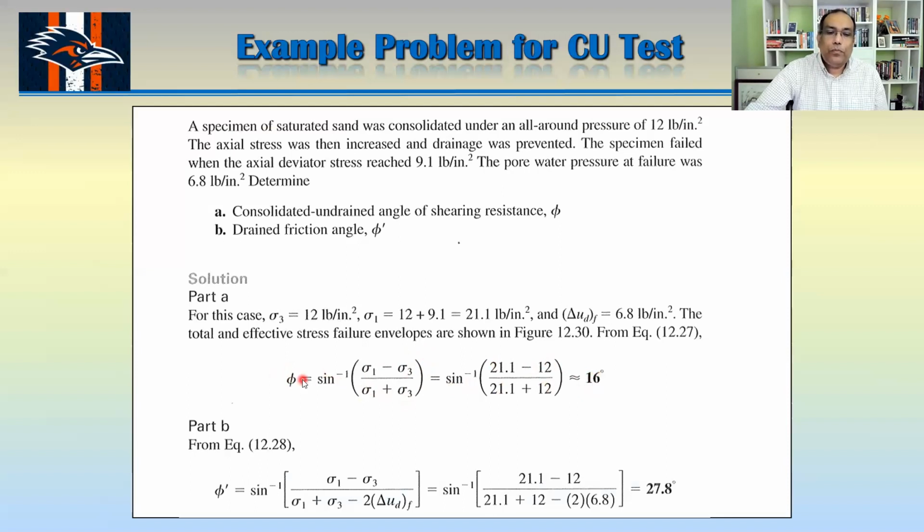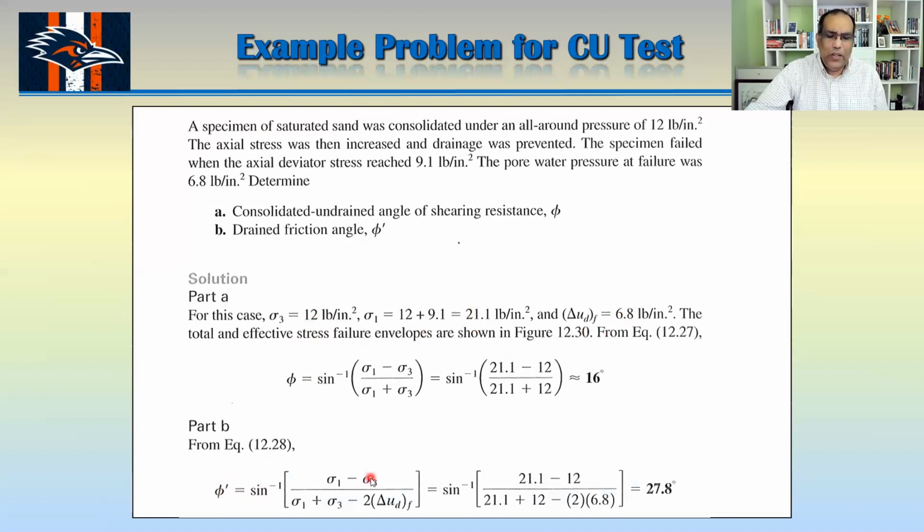Now, you can easily find your sigma 1 prime and sigma 3 prime. So what would be your sigma 1 prime? That would be 21.1 minus 6.8. Okay. What would be your sigma 3 prime? That would be 12 minus pore water pressure 6.8. So you can again write that one here.